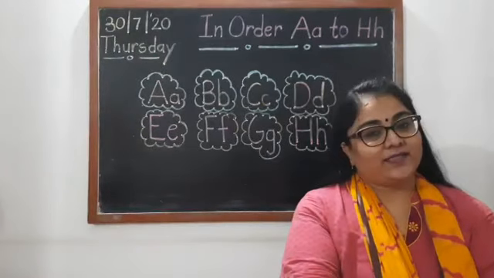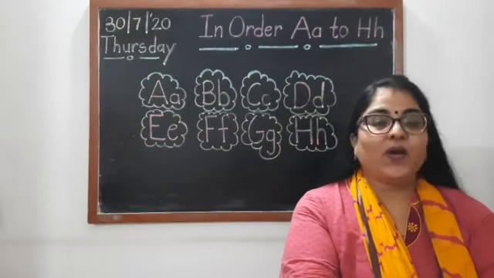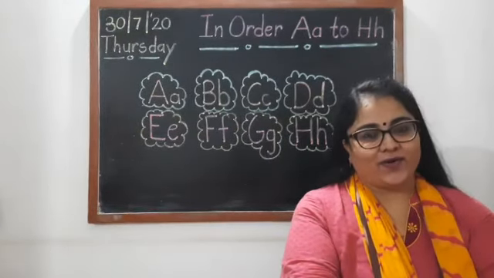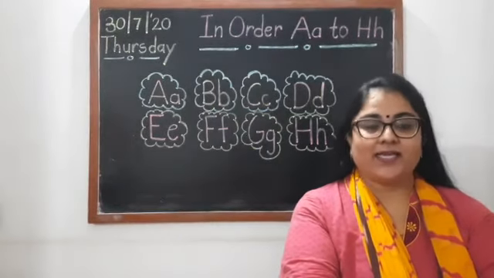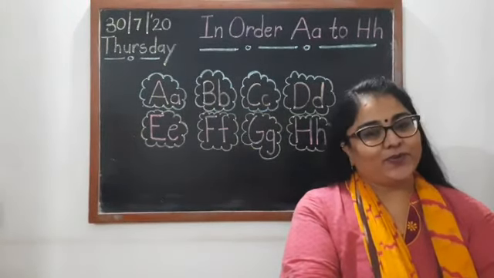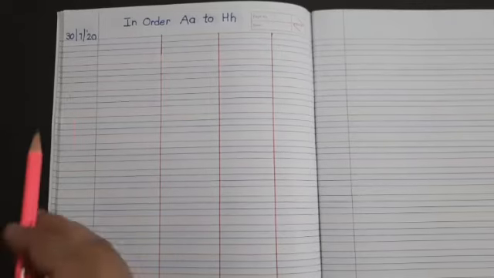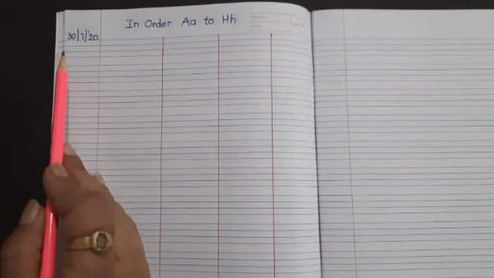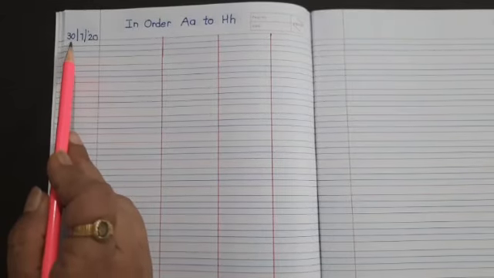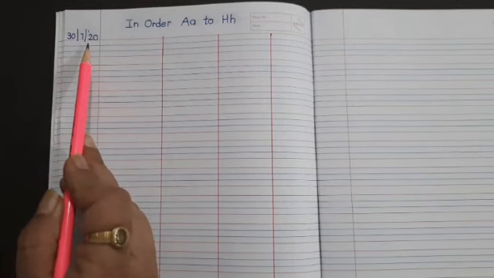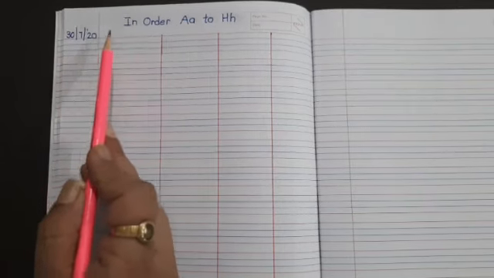Now, once again, I will show you how to write in order A to H in our notebook. Today's date is 30th July 2020.